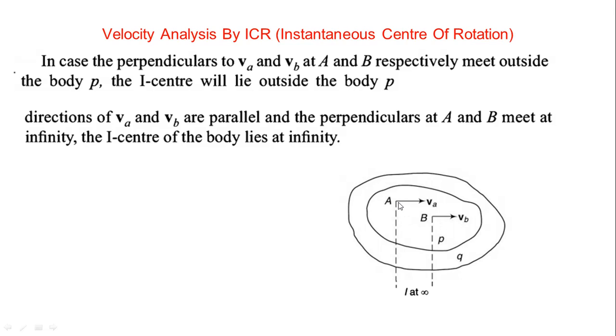And if I draw vectors perpendicular to the velocity at point A and the velocity at point B, then these two lines are never going to intersect with each other.